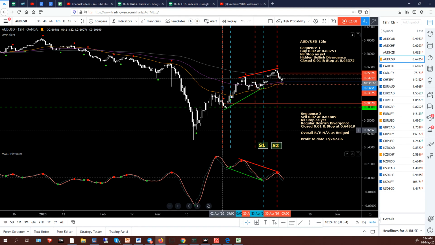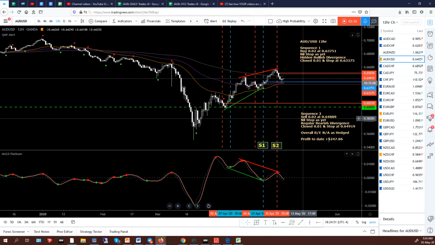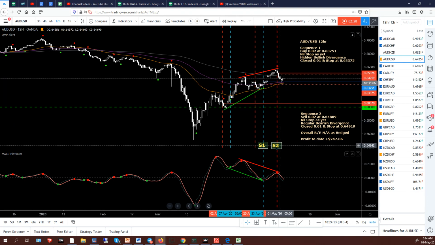Sequence 1 did start there and it went all the way through and I've closed all of those trades. I also closed half of the sell here, which used to be sequence 3, and put a stop in place.